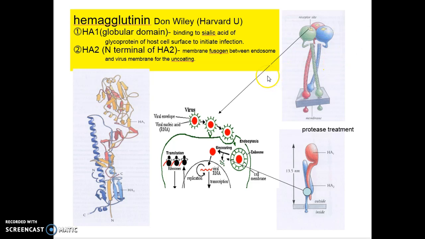Hemagglutinin is actually another glycoprotein existing on the influenza virus. You see here a three protein unit trimer.